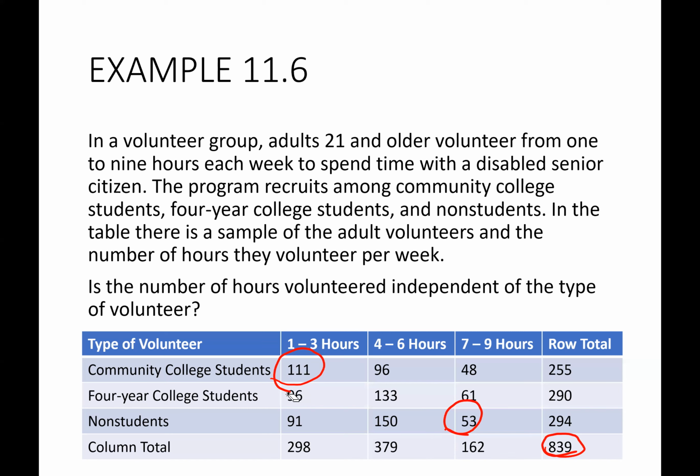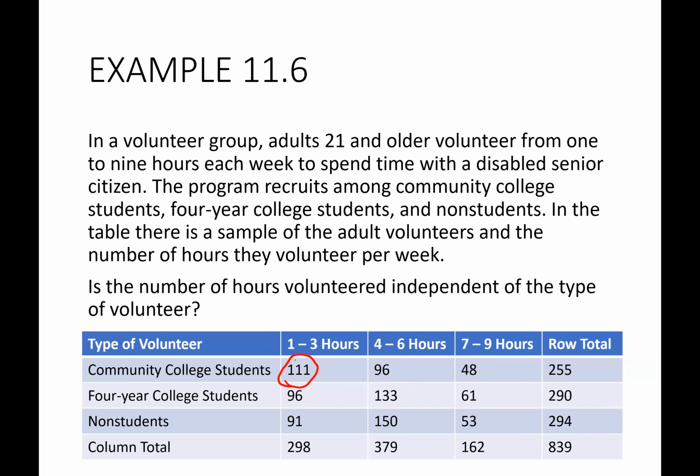Okay, so we have to find all the expected values, and there are going to be 9 of them, because we have to find an expected value for each one of these cells, what we would expect. So to find the expected value, let's say of this first cell, again, this is what we observe.